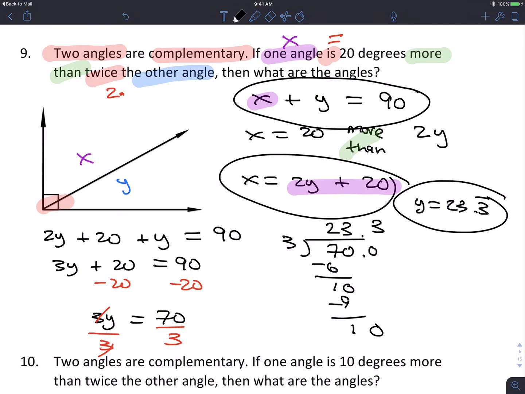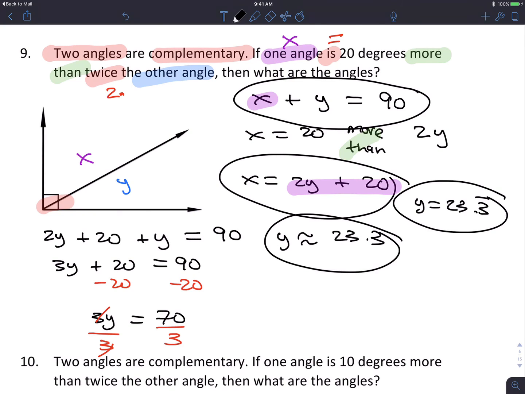Okay? Let's approximate this to the nearest whole number again, like in the last homework problem here. Well, let's go out to the nearest tenths. How about that? 23.3. That'll be even more accurate. So that's my y value.